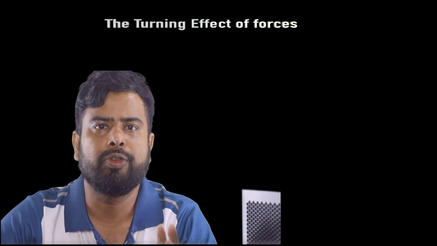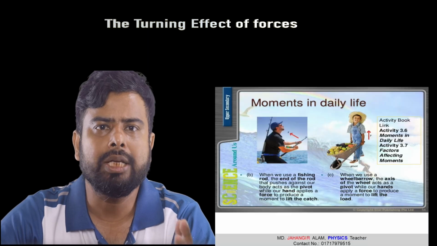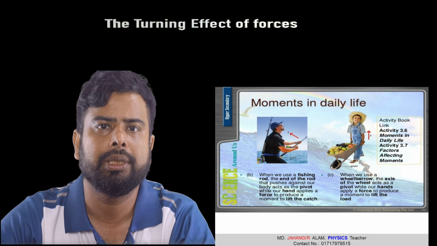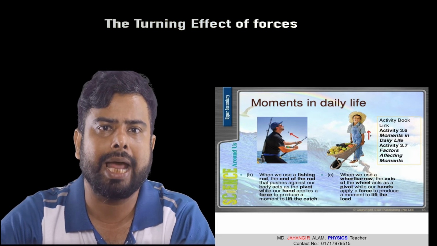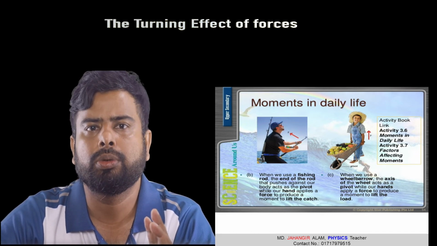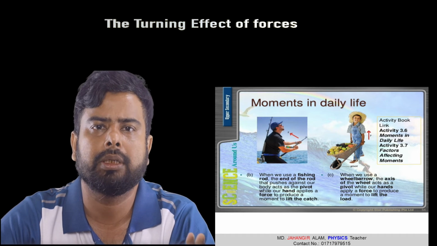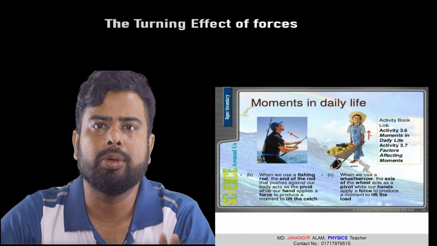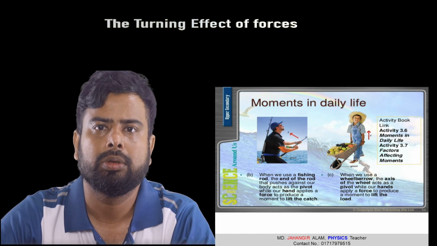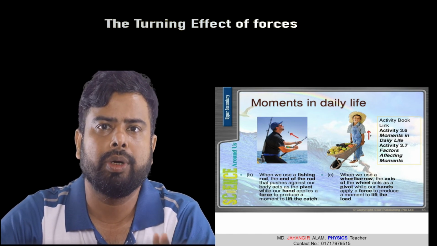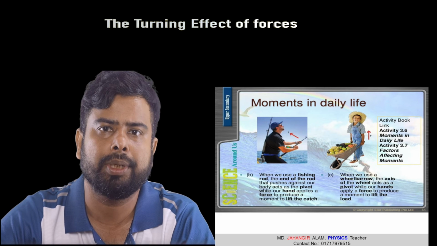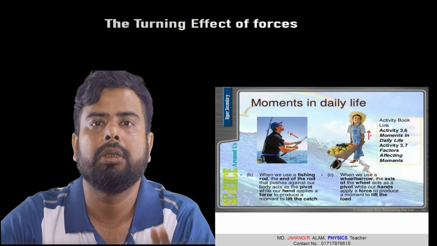When we use a fishing rod, the end of the rod that pushes against our body acts as a pivot and the hand applies force to produce a moment to lift the catch. When we use a wheelbarrow, the axis of the wheel acts as the pivot and the handle applies a force to produce a moment to lift the load.